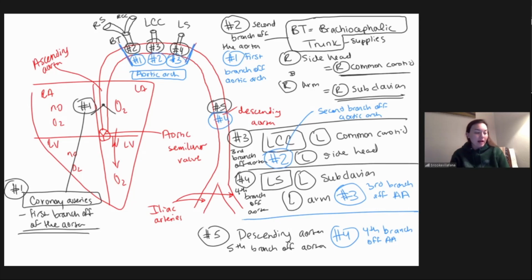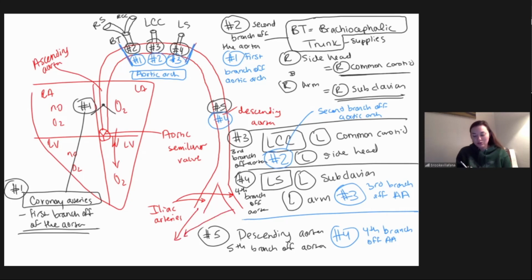After the iliac arteries, the blood starts to branch further. So it branches into the splenic, gastric, renal, hepatic, intestinal, and mesenteric arteries. I'm saying them very quickly because I feel like those are all very straightforward. You already have those all in your notes, so I don't think it's necessary for me to go over them again.